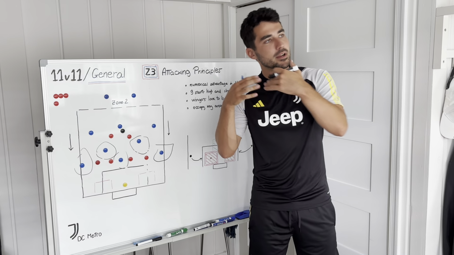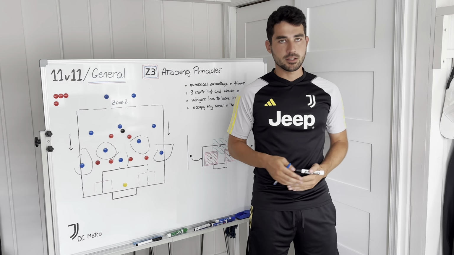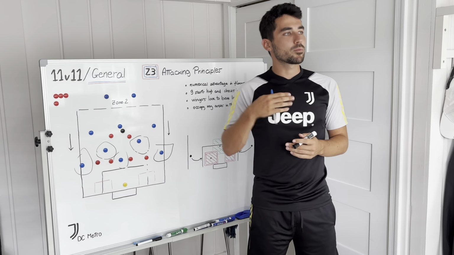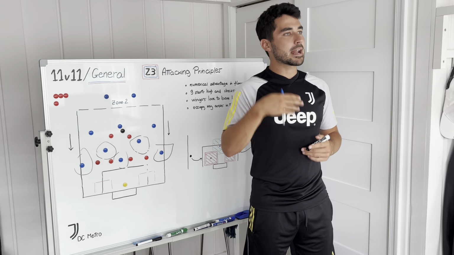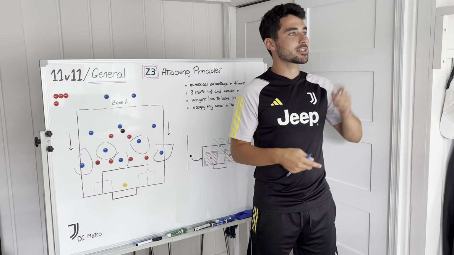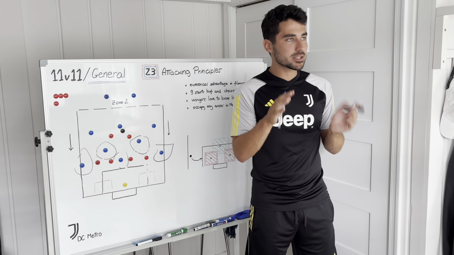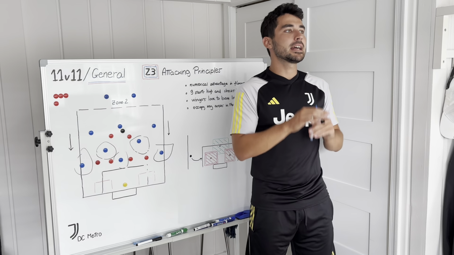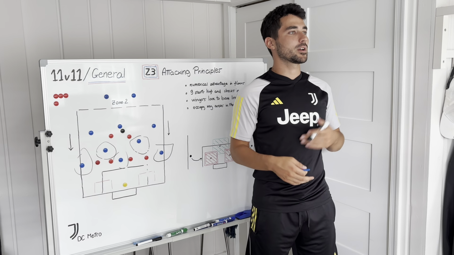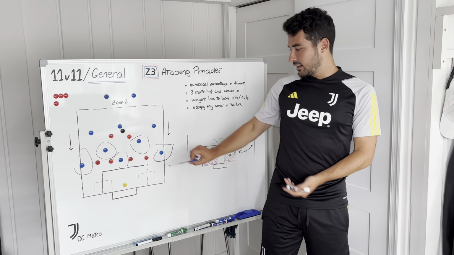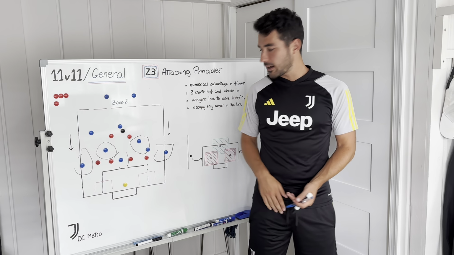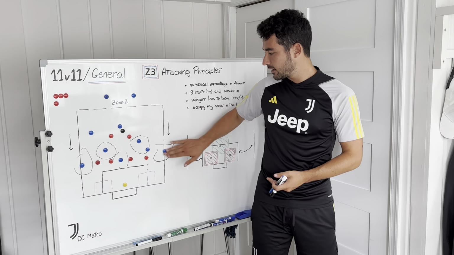We don't want to create robots on the field. To advance a proper project of player development, we want our players to grow and learn how to read these situations and act accordingly. So the principles are the compass, but they have to decide the direction depending on what situation they read on the field. So again, this container can be filled by a winger, but it can also be filled by a fullback.